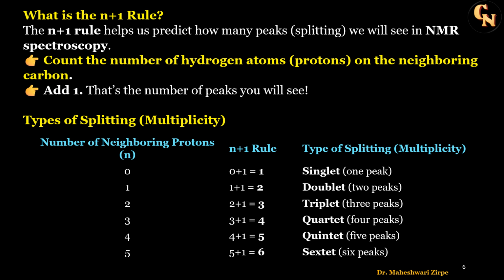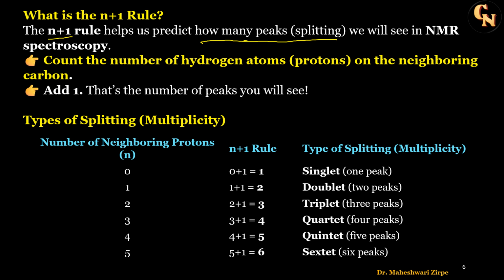Before going to the next example, how the splitting takes place, let us understand the n+1 rule again. So what is the n+1 rule? The n+1 rule helps us to predict how many peaks or splittings we will be getting in the NMR spectroscopy. So n+1 only tells you how the signal is going to split up.